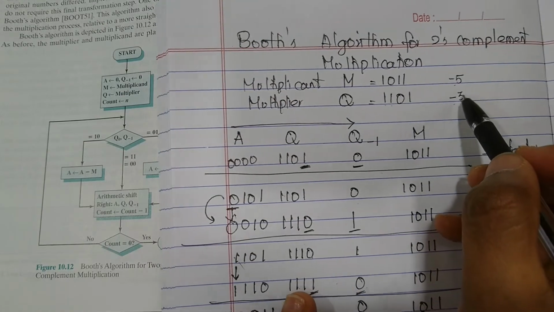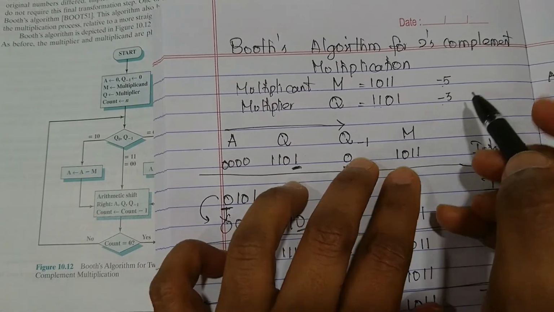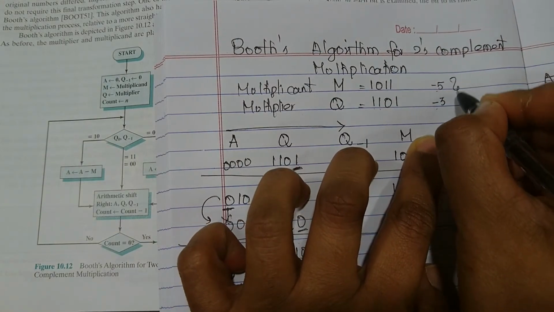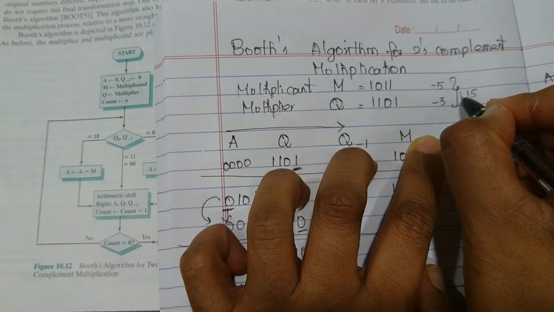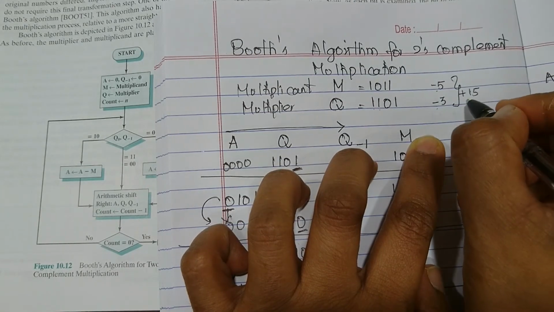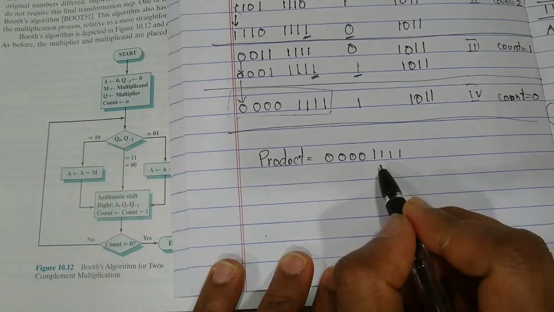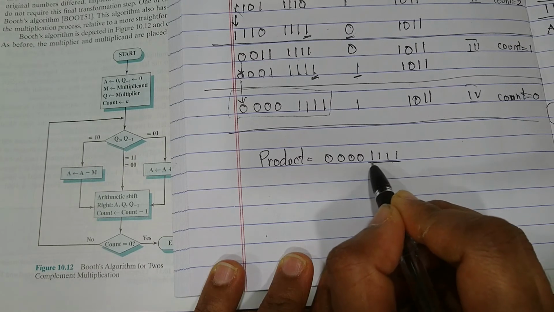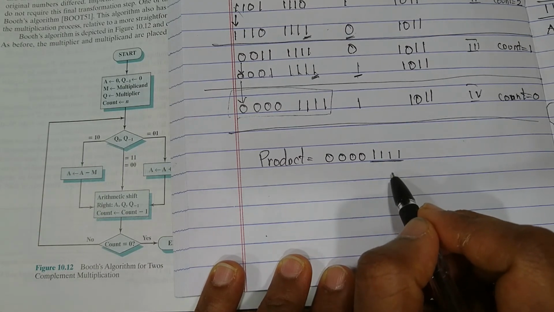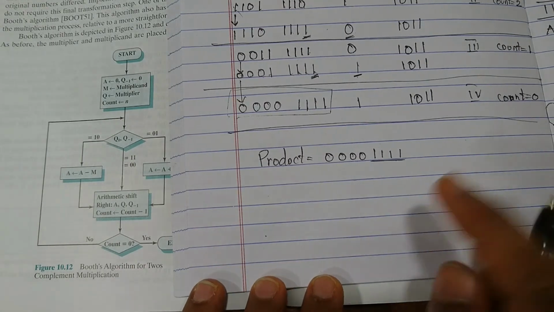When you multiply minus 3 and minus 5, the result of this multiplication is 15, and it is positive. That's the result. So this is the positive 15, 1 1 1 1, which is equivalent to 15 in decimal. So this is the answer.